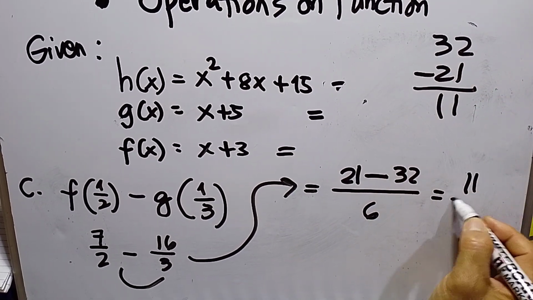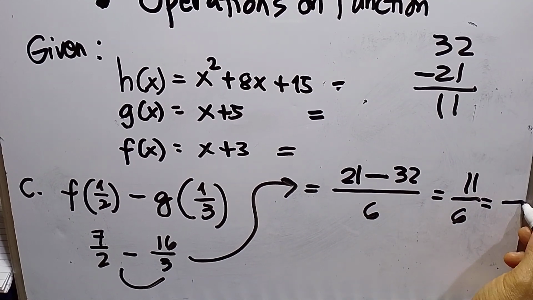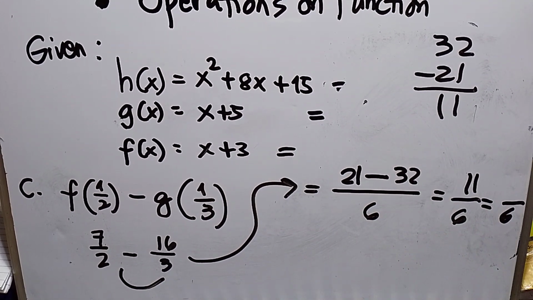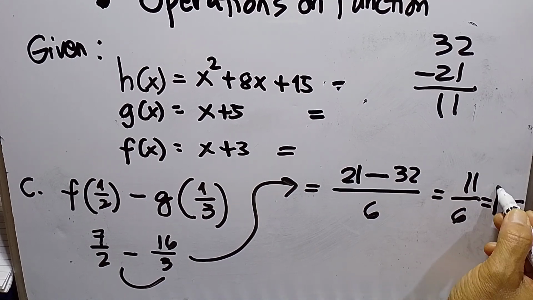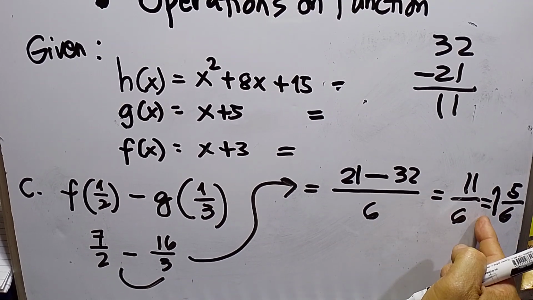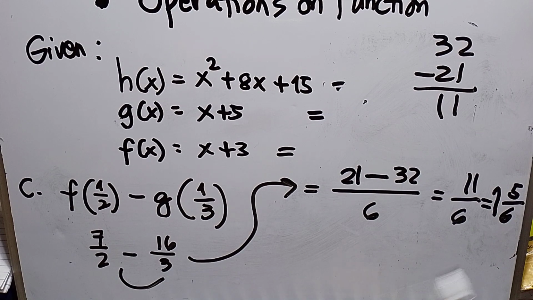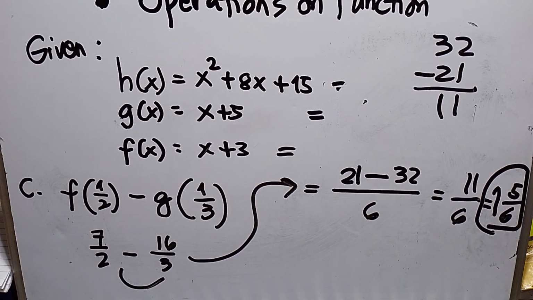So I've got 11 over 6. Since this is an improper fraction, I need to come up with a mixed number. How many 6 do I have in 11? Only 1, and then the remainder is 5. Let us check: 6 times 1 is 6, plus 5 is 11. So my answer for letter C is 1 and 5 over 6.